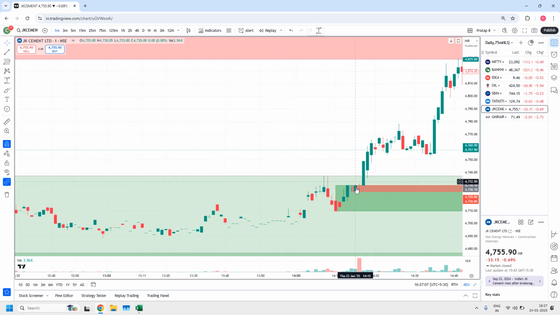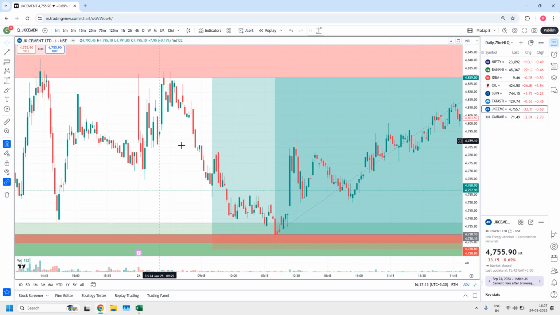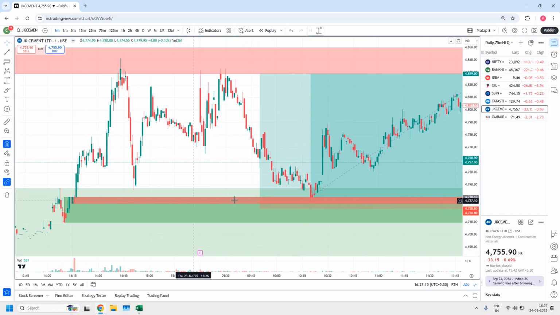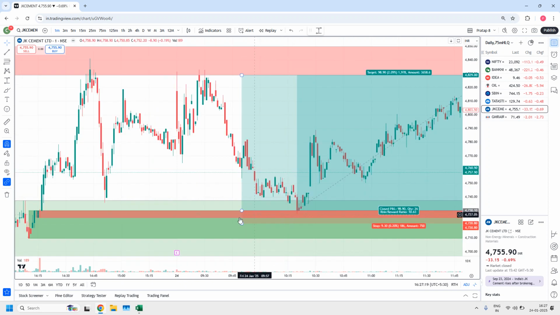This is a demand zone, but I want to make it visible to you, that's why I'm not changing the color. This is a 1 minute zone. Below the 1 minute zone, I added the stop buffer. Entry is at this 1 minute zone. With the stop buffer, this entire thing is our zone.